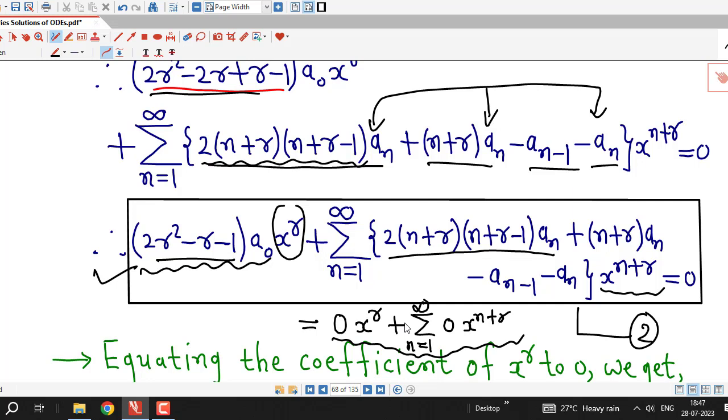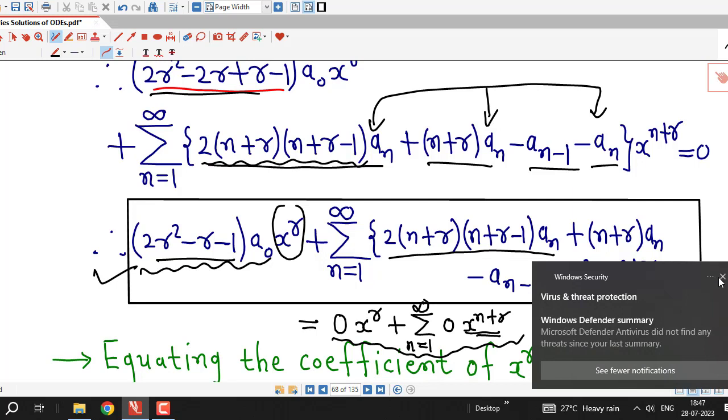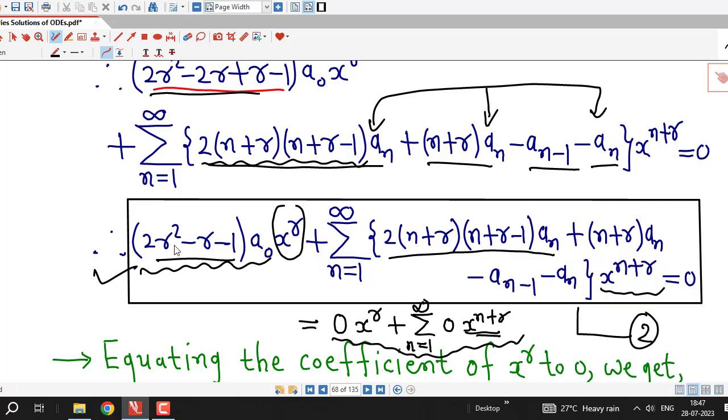That means this identity holds if and only if coefficients of like powers of x are the same. That means coefficients of x raised to r and x raised to n plus r are equal. So this quantity 2r square minus r minus 1 into a0 must be 0, and this bracket, which is the coefficient of x raised to n plus r, must also be 0.